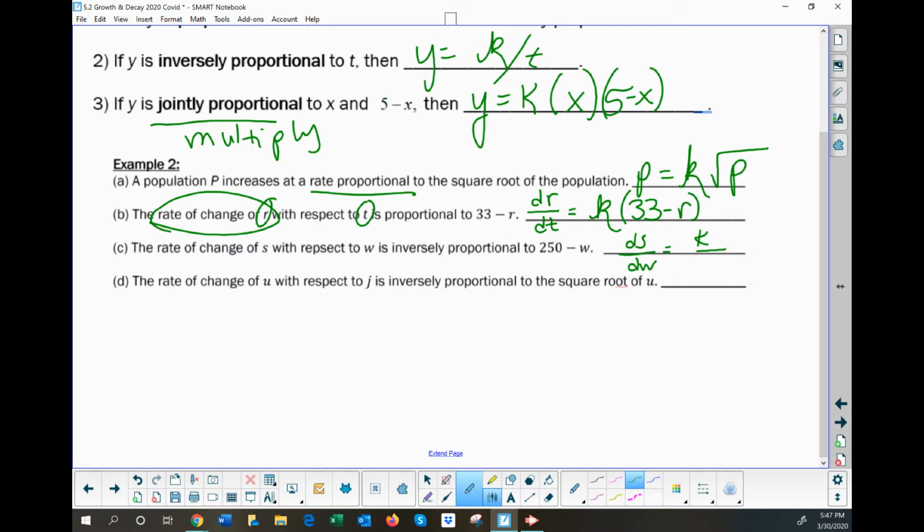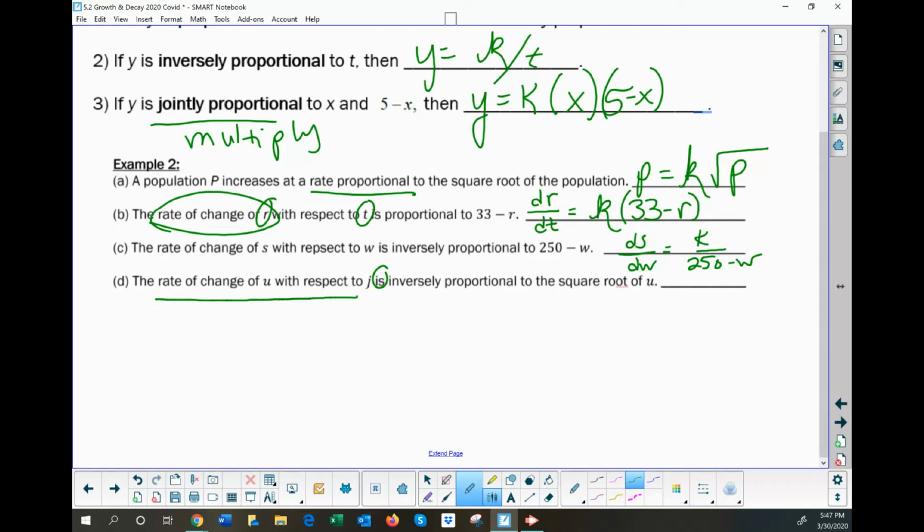Letter D, the rate of change of U with respect to J is inversely proportional to the square root of U. Okay, so there's my is. This is one side of the equation, this is the other side of the equation, right?